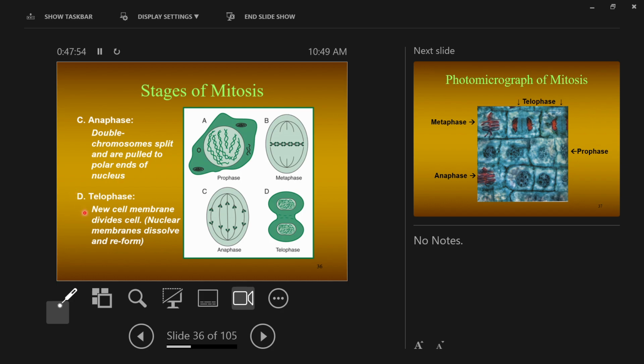The new cell membrane divides the cell. The nuclear membrane dissolves and will reform, and the cell splits. Half goes to one side, half goes to the other, and then the thing just kind of pinches off in the middle, closing off, making two new cells.